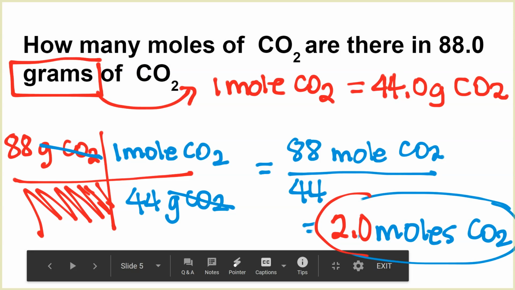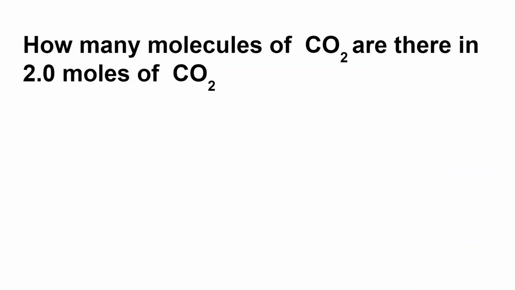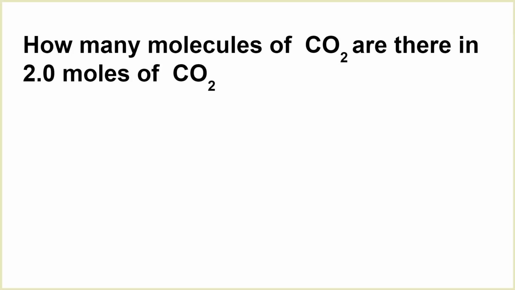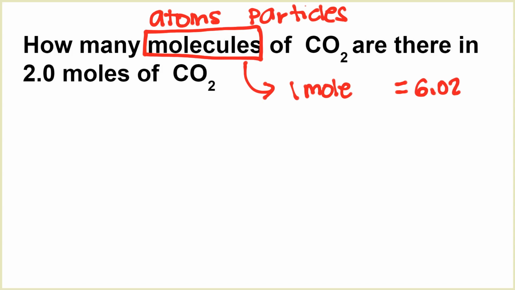Now, is it always going to be grams that's the keyword? No, it's not. If you look at this problem right here, the keyword is not grams. It says, how many molecules of CO2 are there in 2.0 moles of CO2? The keyword here is molecules. If you ever see the word molecules, atoms, or particles, any of these three, what should come to mind is the conversion factor of 1 mole equals 6.022, or just stay at 6.02, it's up to you, times 10 to the 23rd power.